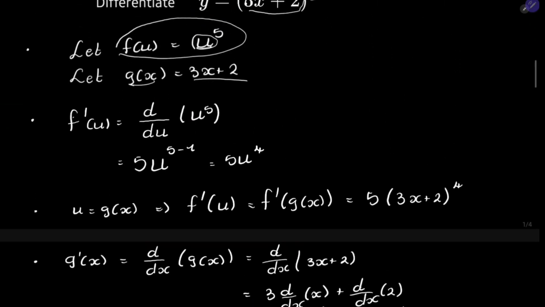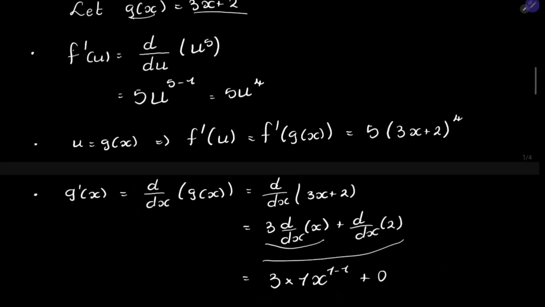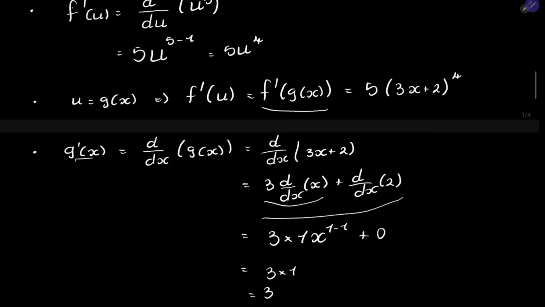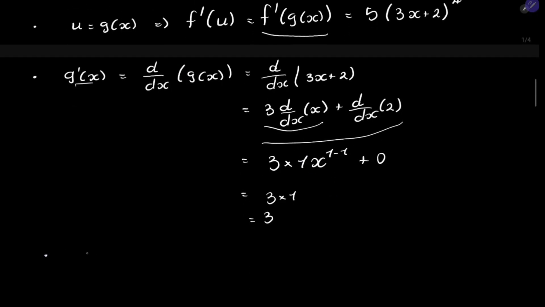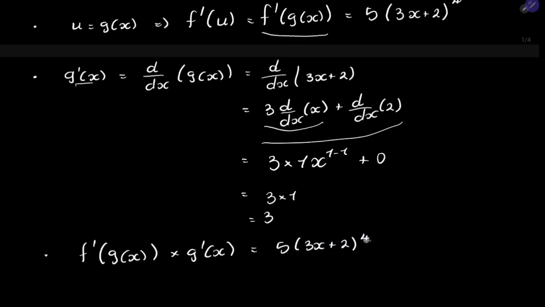So continue with our fifth step, which tells us to multiply this term f prime of g times g prime. So f prime of g of x times g prime of x gives us 5 (3x plus 2) to the power 4 times 3, which gives us 15 (3x plus 2), all that to the 4th power.